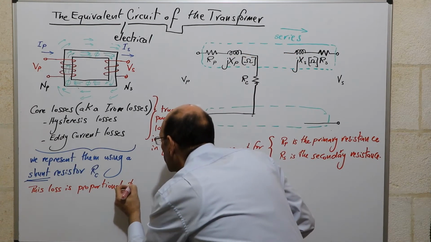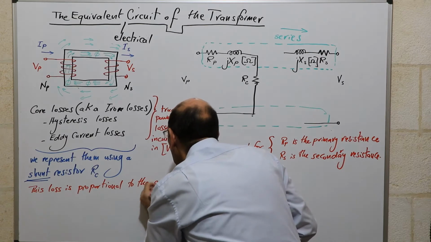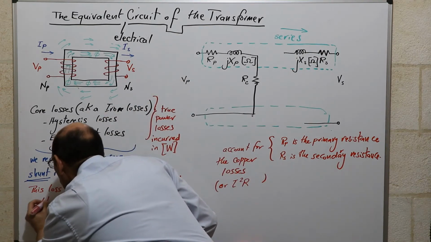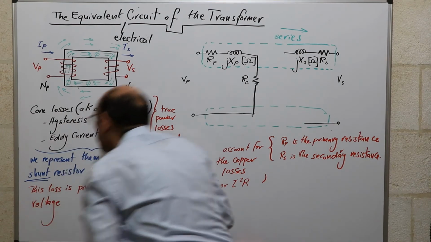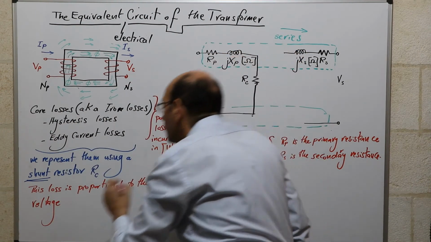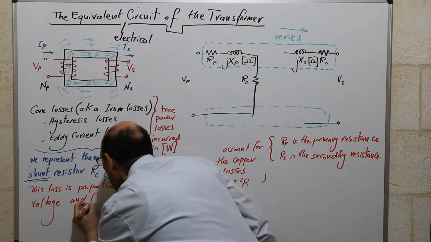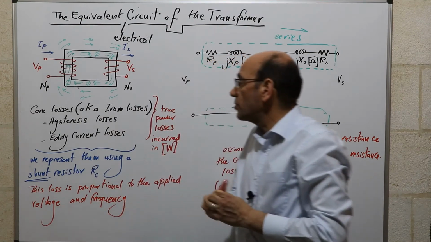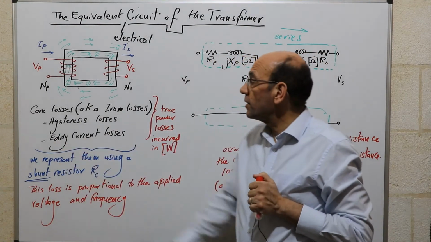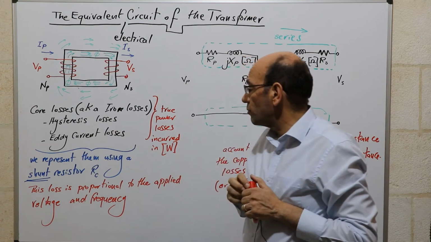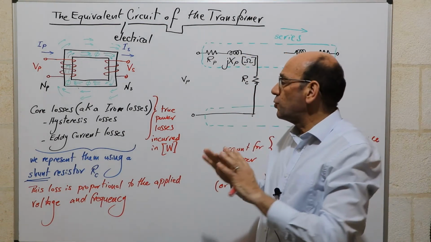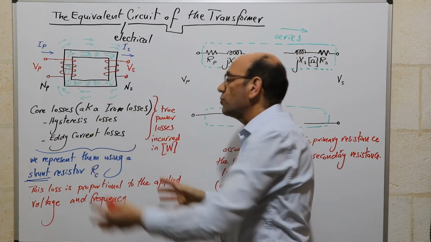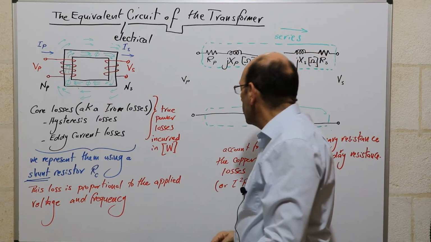It's proportional to the applied voltage, but it's also proportional to the frequency. So we know actually that eddy current losses increase with frequency and hysteresis losses increase with frequency. Generally, we will assume that the voltage and frequency are constant, and that will allow us to make the assumption that the core losses are constant.